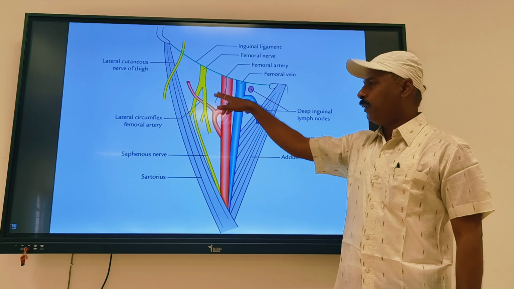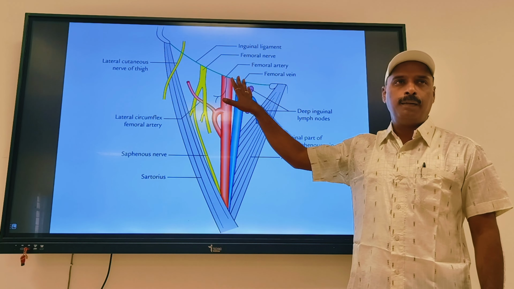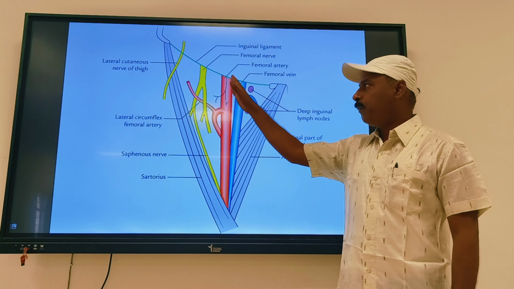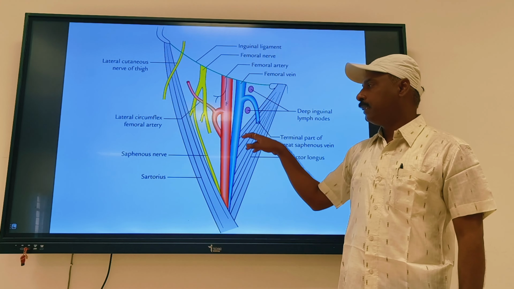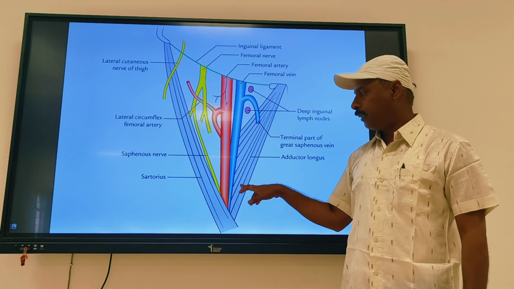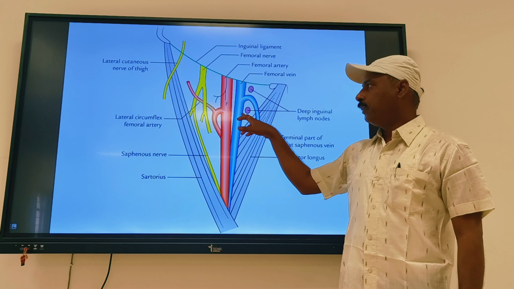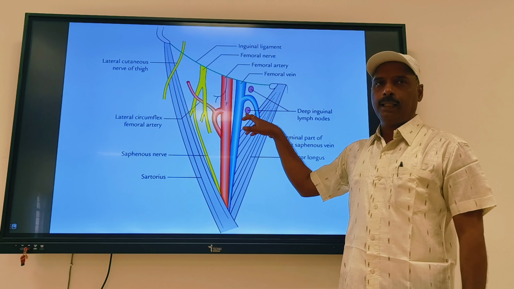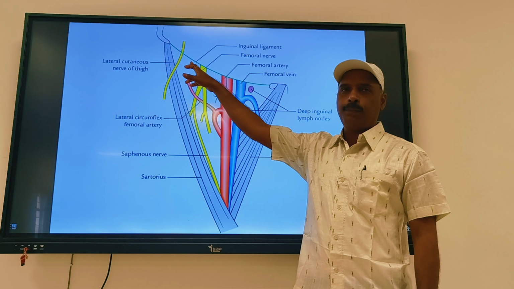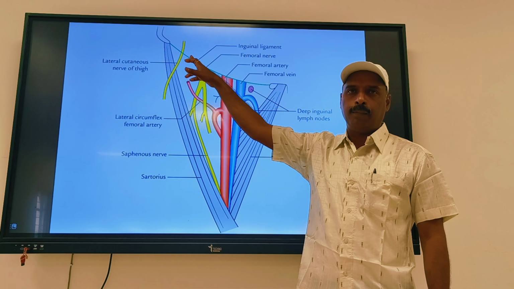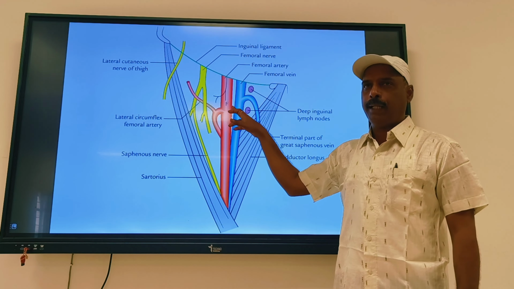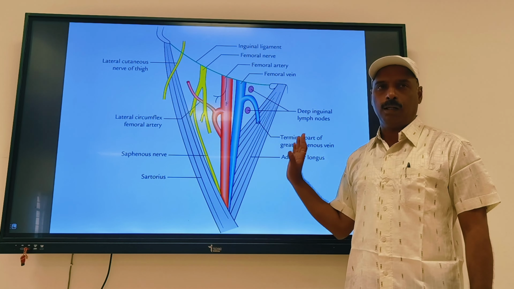And posteriorly, whatever the floor-forming structures of the femoral triangle are. The floor-forming muscles here are psoas major, pectineus and adductor longus. This is the adductor longus. We have the psoas major and pectineus. Here iliacus is floor-forming, but it does not relate to the femoral artery. Only the remaining psoas major, pectineus and adductor longus.